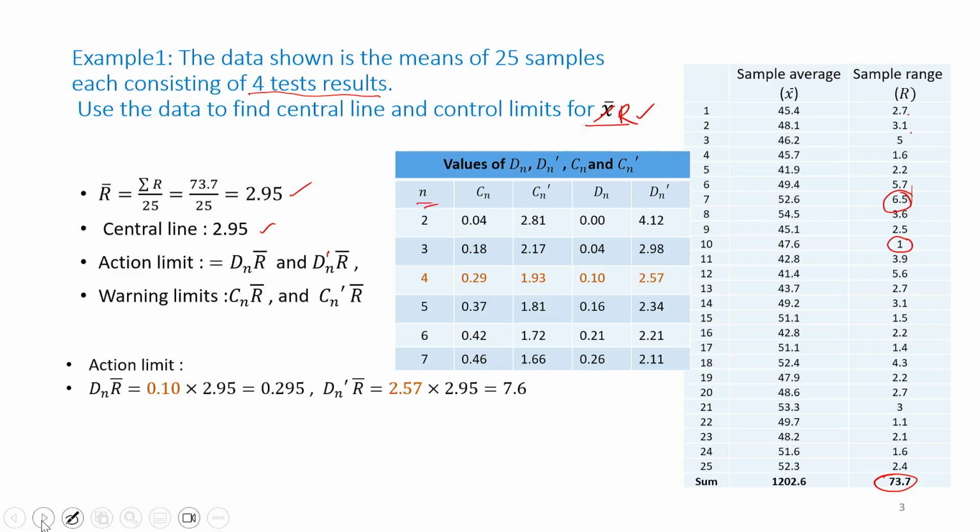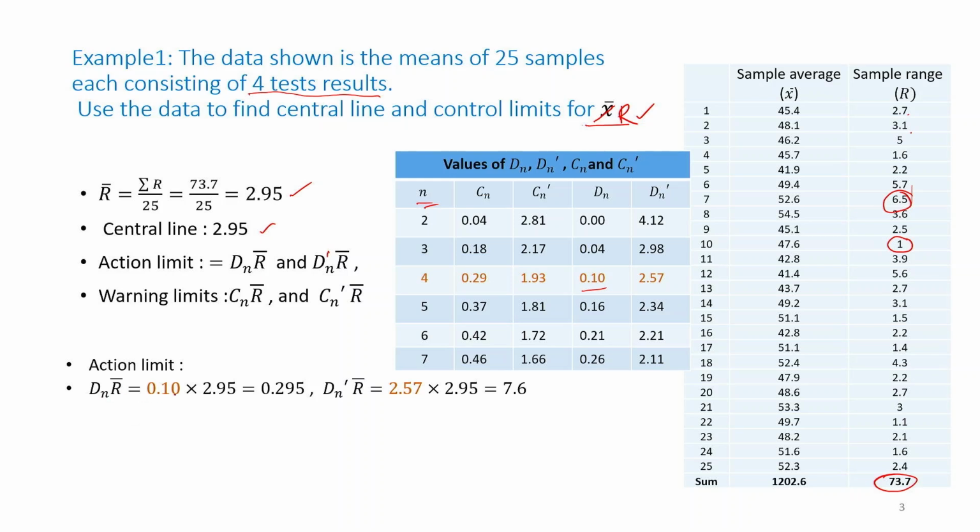So action limit, first of all, dn r dash. This is a simple calculation. The dn value we have to find out for n equal to 4, and that value is 0.10. So 0.10 into 2.95, that is my r bar. So r bar is 2.95, the average range value.